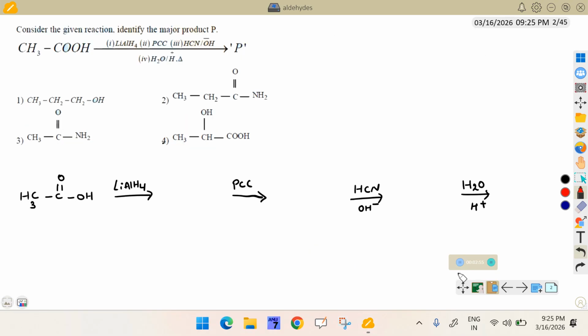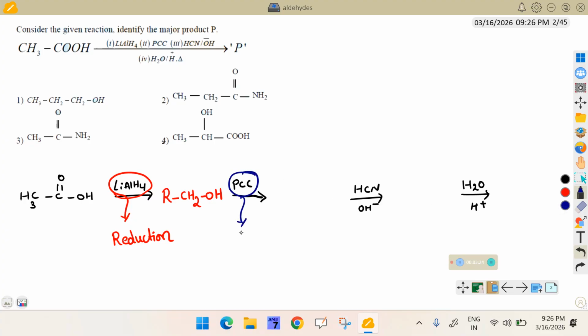The next question: carboxylic acid reacts with LiAlH4. What is the role of LiAlH4? LiAlH4 is present, so a reduction process takes place. Carboxylic acids undergo reduction, then it gives alcohol, RCH2OH. Now the alcohol reacts with PCC. What is the role of PCC?